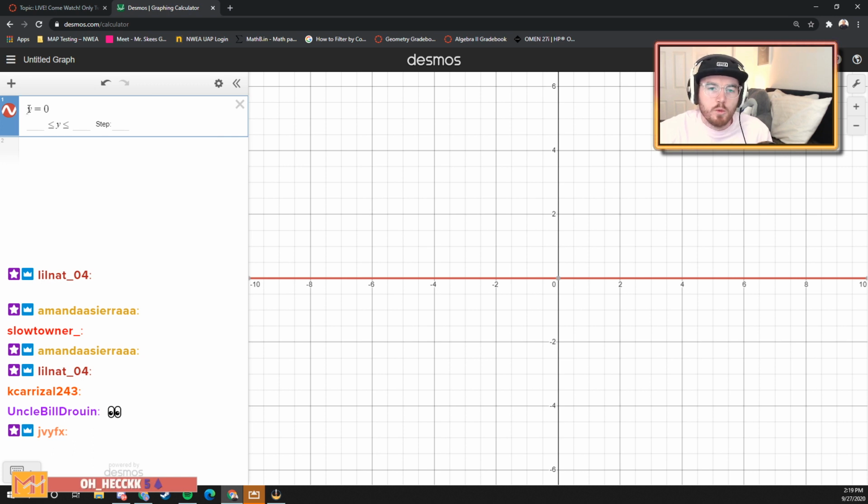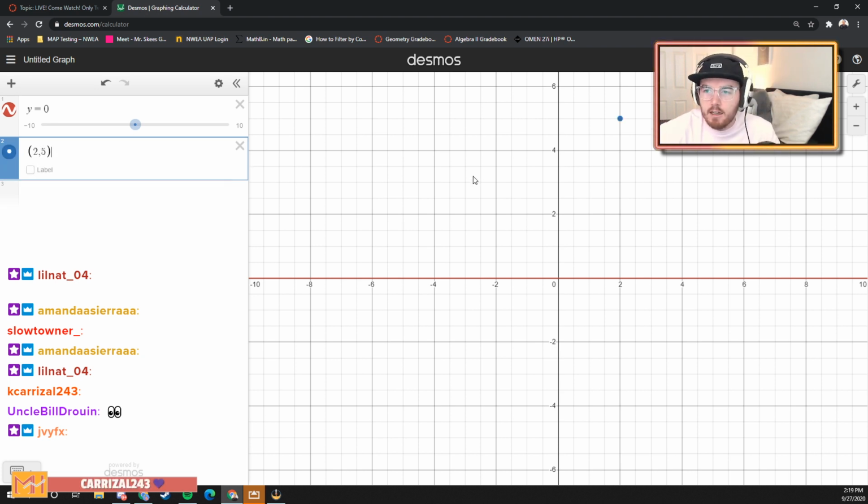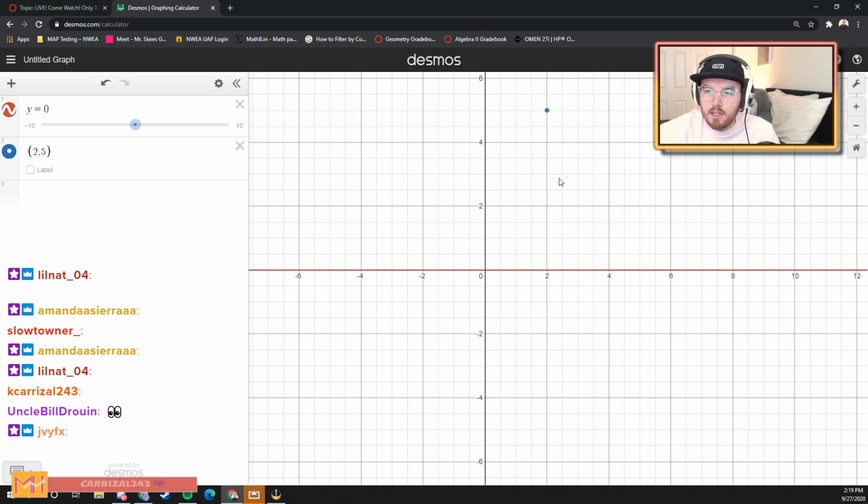When it says we're reflecting over the line y equals 0, what we're saying is, if I give you a random point, say right there, the reflection is going to reflect across the line y equals 0, which is the x-axis, the horizontal axis. So it's going to flip downwards here. It's currently 5 above.